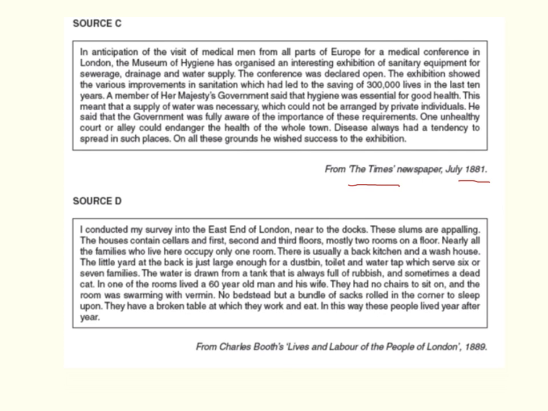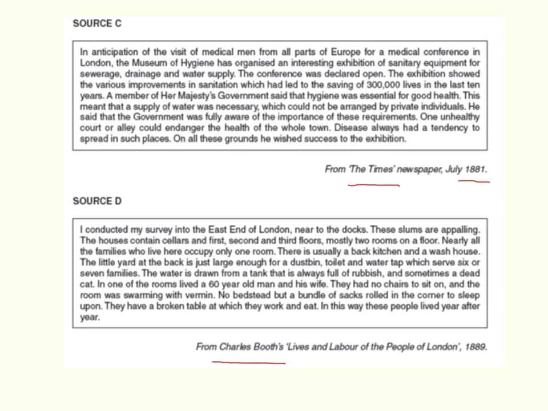Whereas if we contrast this with source D, this is from Charles Booth. Now we know Charles Booth is a famous philanthropist who went around the worst parts of London, the East End, and surveyed just how poor people are. In his report he found that 35% of people, and again this is where your revision guide and your contextual knowledge comes in, are living in poverty.